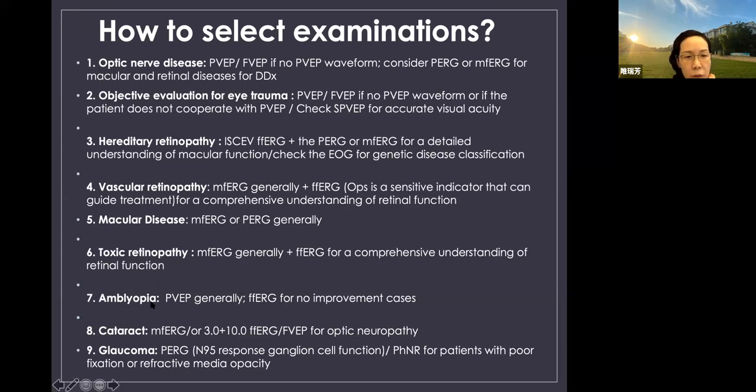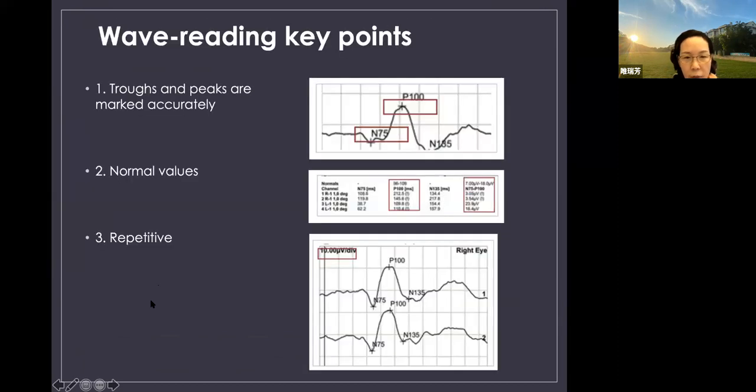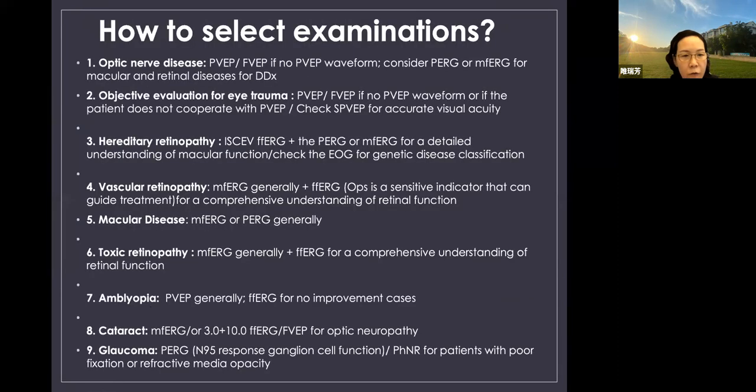For kids, amblyopia is also the most common manifestation. If a child has poor visual acuity and also some refractive error, and the visual acuity cannot be corrected to a normal level, we always give amblyopia as the diagnosis.